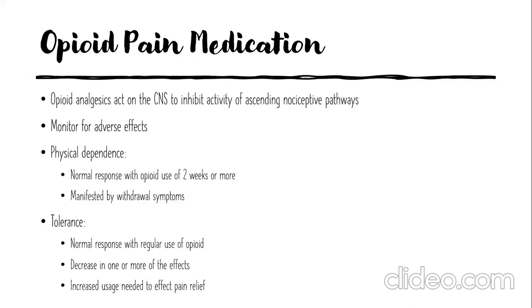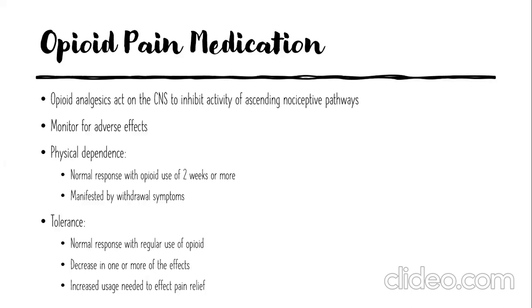Physical dependence. When people say, I don't want to take that, I'm fearful of addiction. Okay, if you're on Norco for 3 days after you have your wisdom tooth pulled, you're probably not going to get hooked on Norco that fast. However, things happen.